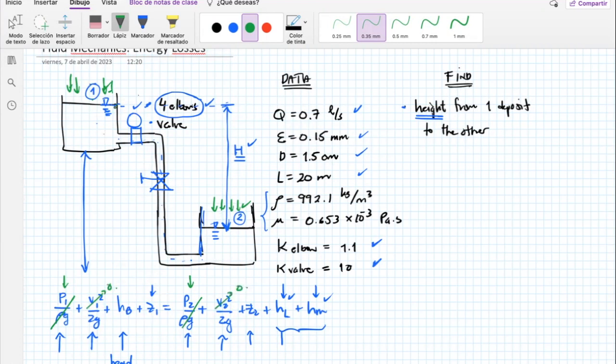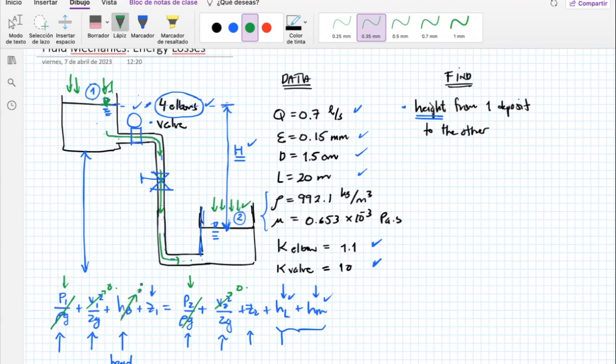These points are not moving. Here in the pipe the water is moving, so velocity is not 0 there. But I can pick whichever points I want, so I'm going to pick point 1 and point 2, where the water is not moving. These are very good points to simplify a lot of stuff.